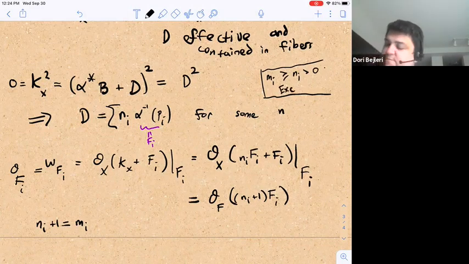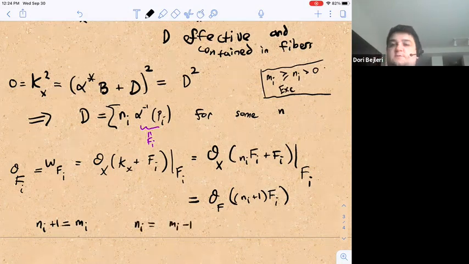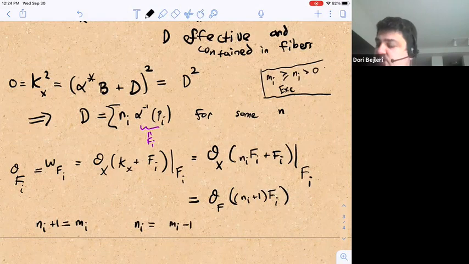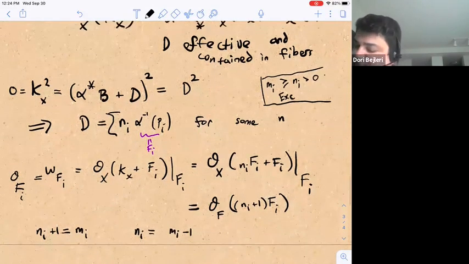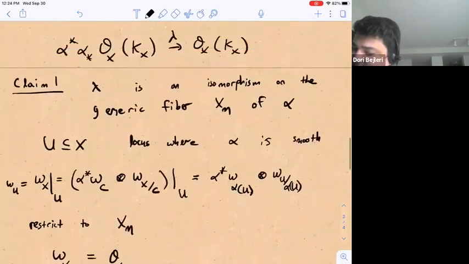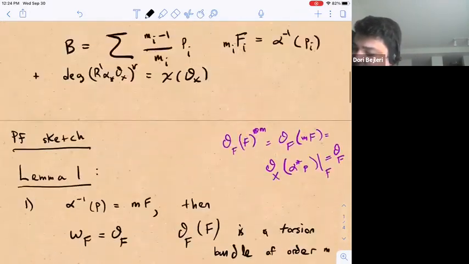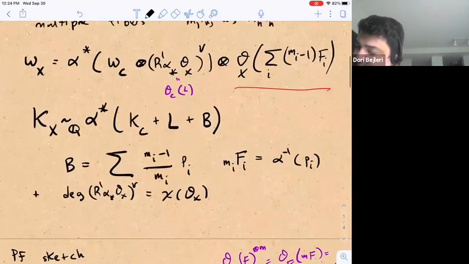Okay, so then that implies that N_i plus 1 is M_i, or that the multiplicity is exactly M_i minus 1 for these multiple fibers. And so that's exactly what contributes to D. Okay, so that gives us this term underlined in red, and that's our D.